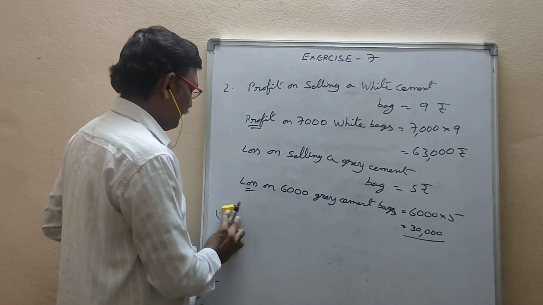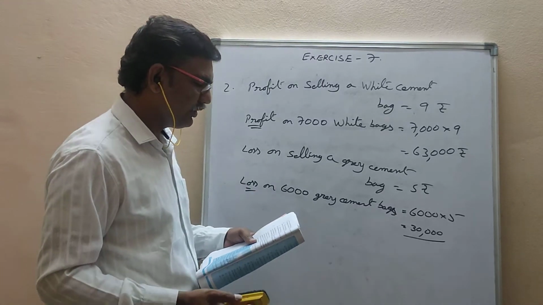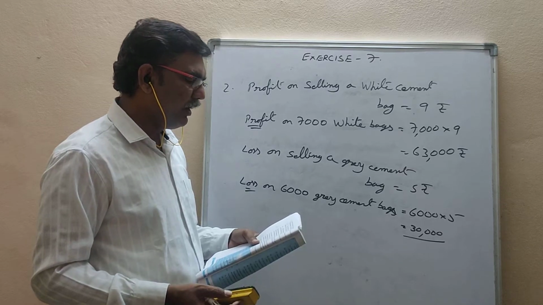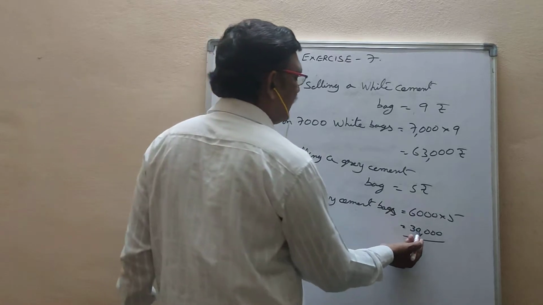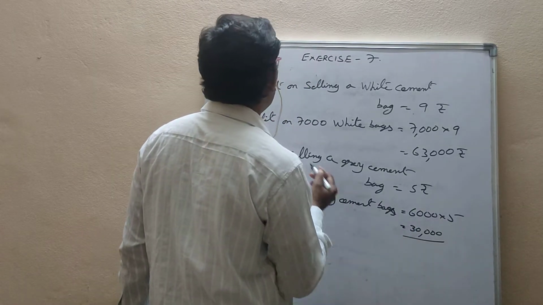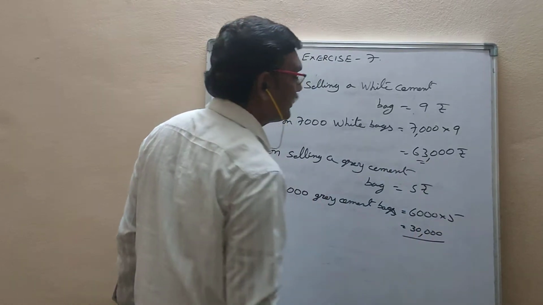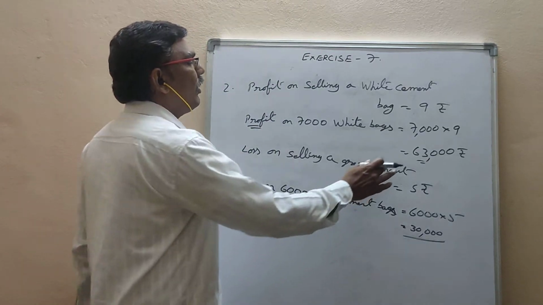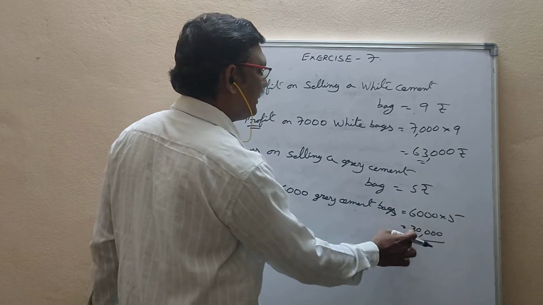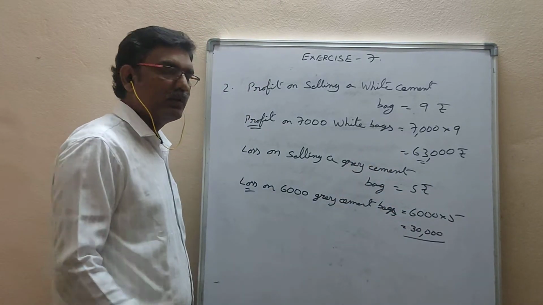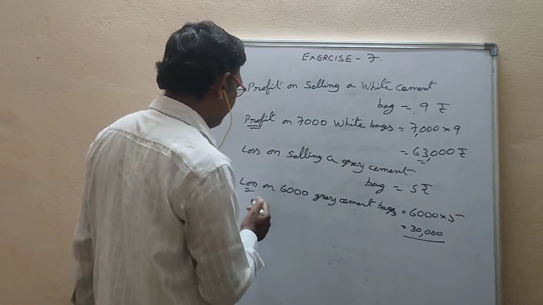Now, what he is asking, first question, what is the company's profit or loss? So 30,000 is the loss. Profit is 63,000. So is profit more or is loss more here? 63,000 is more or 30,000 is more? 63,000. So he will get profit only.